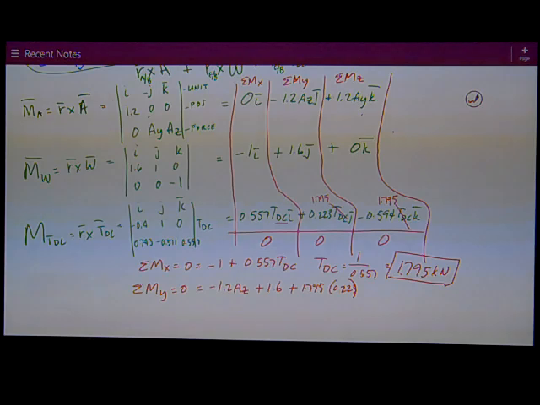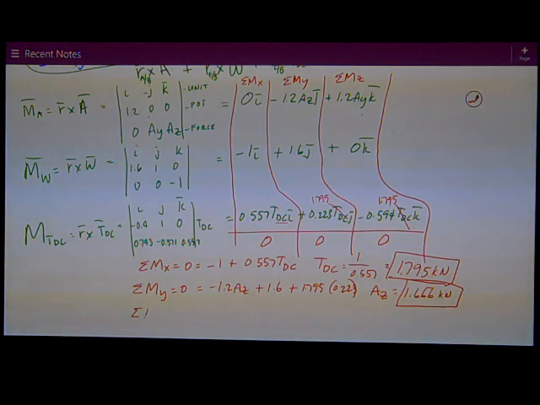I can do all the math, and I can rearrange, and AZ ends up being 1.666 repeating kilonewtons. The positive means it's in the positive direction like I assumed it.